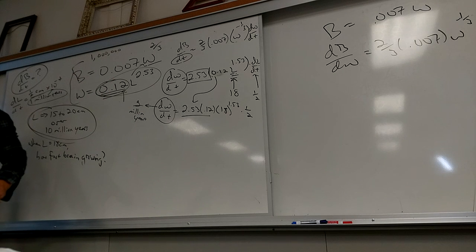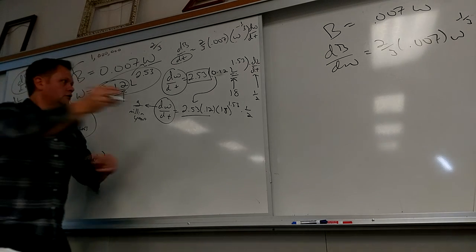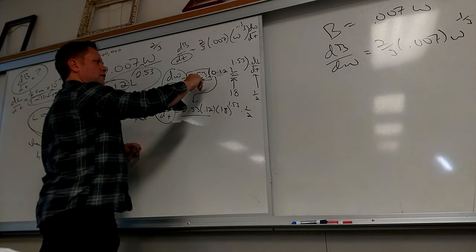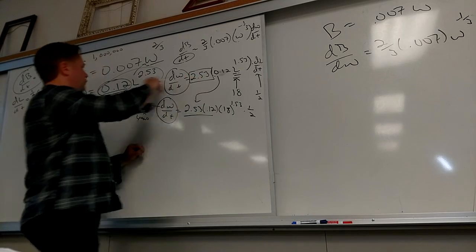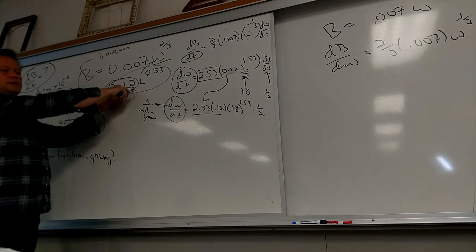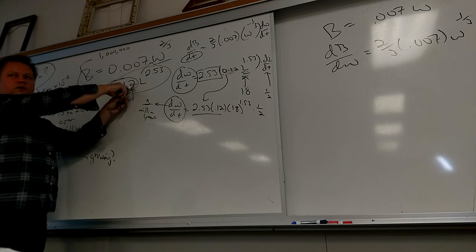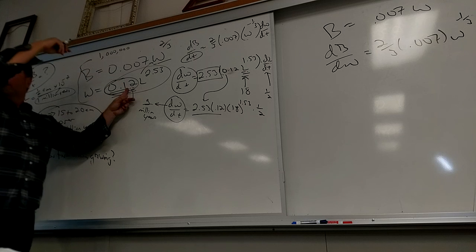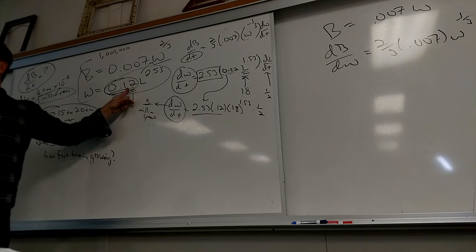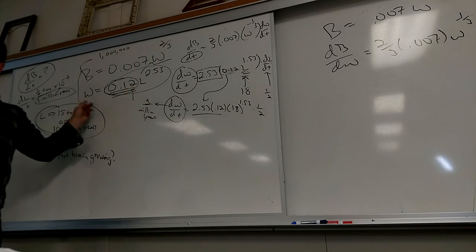So really what that's setting up is it's per million years. If you're curious what the units are on this guy, this is centimeters, and this is grams. So this must be 0.12 grams per centimeter, so that the units match up.